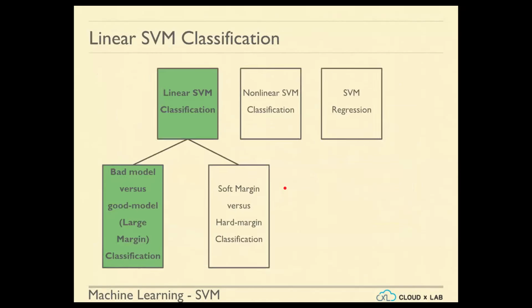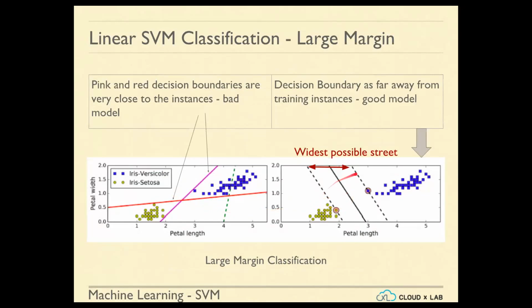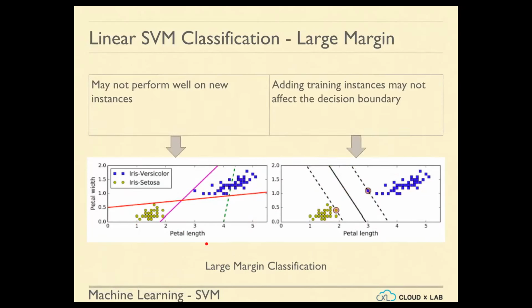Then we talked about how we should try to have the maximum possible margin between them. So instead of minimizing the distance from the line like this, we should try to fit the widest possible street between the two classes. That's the main idea behind linear SVM classification.